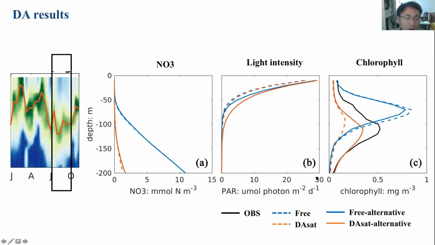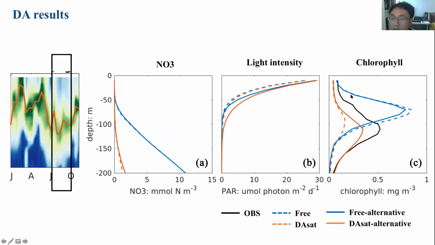So we also plot the mean vertical profiles of the nitrate, the light intensity, and the chlorophyll concentrations within the center of these loop current eddies to see why. The blue lines represent the free run, the orange lines represent the data assimilative runs. The dashed lines represent the original light parameterization, and the solid lines represent the alternative parameterization.